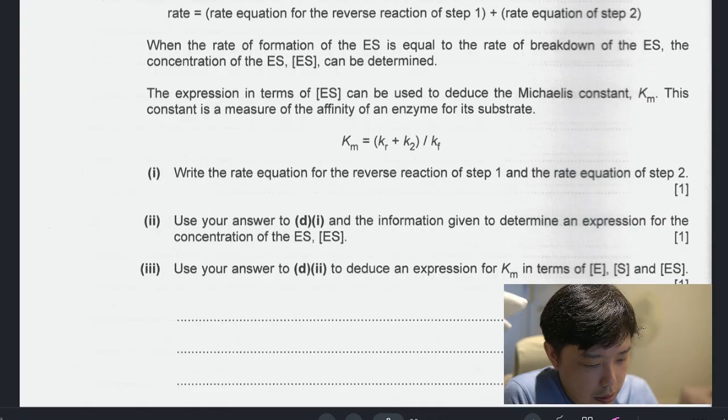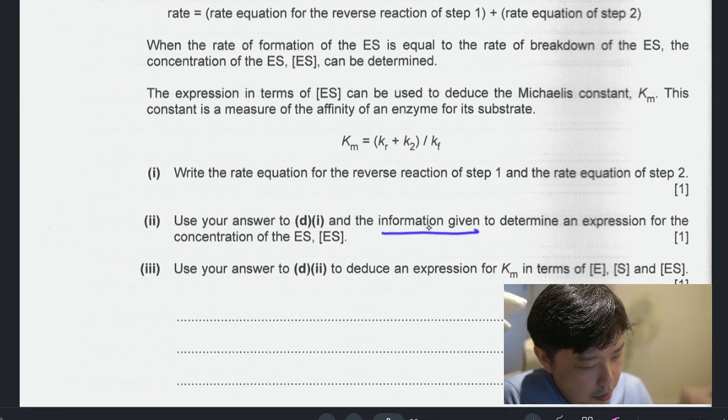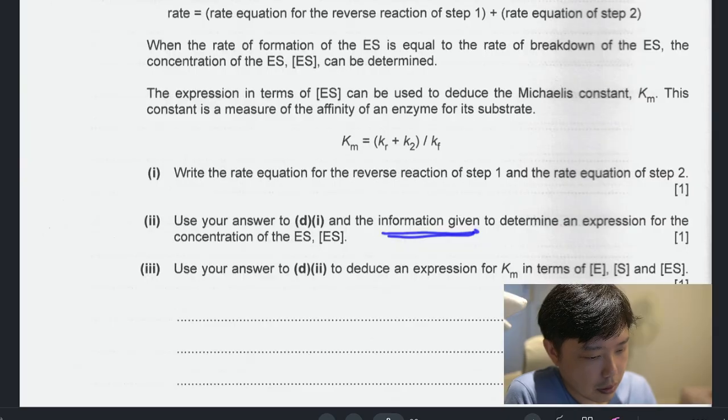Using your answers to D part 1 and the information given, determine the expression for the concentration of ES. Okay, so what is the information given here?